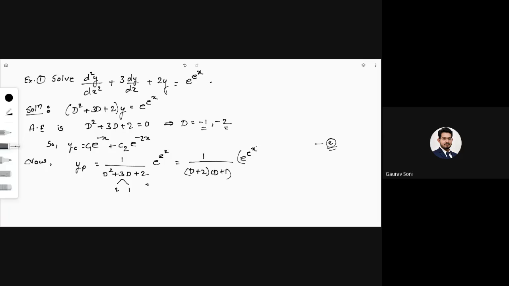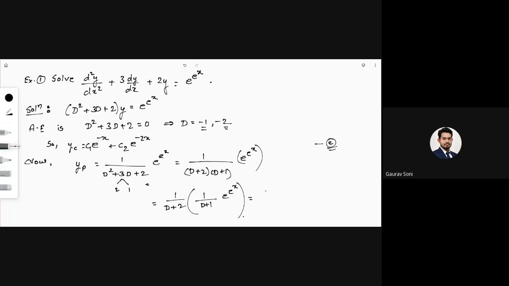Now once we have this, we have seen in the remarks that there are two methods. Either I can apply them one by one, or I can use partial fractions here. So I will apply one by one: D plus 2 outside the bracket, inside 1 upon D plus 1 e to the power x.